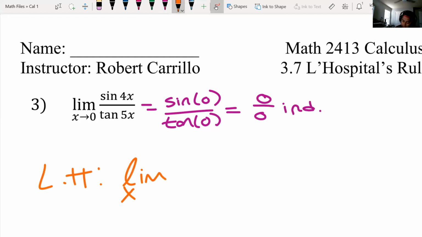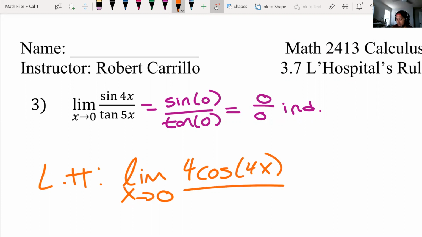What is the derivative of sine 4x? 4 cosine 4x. What is the derivative of tangent 5x? 5 secant squared 5x. Good.